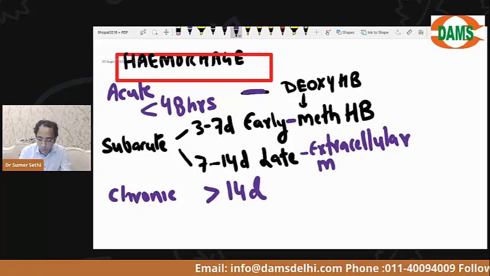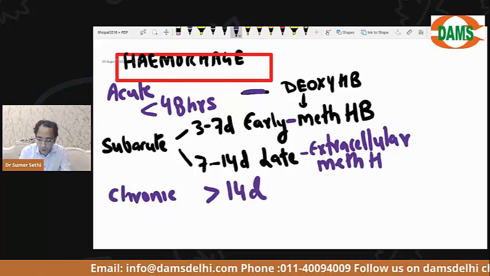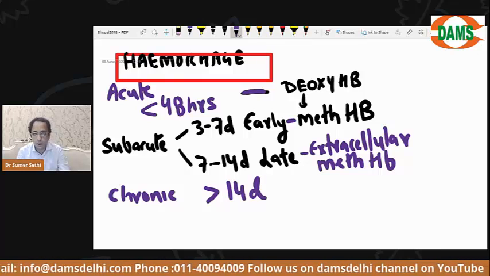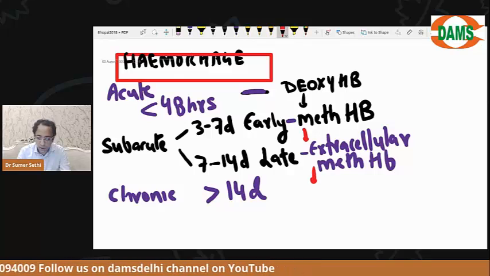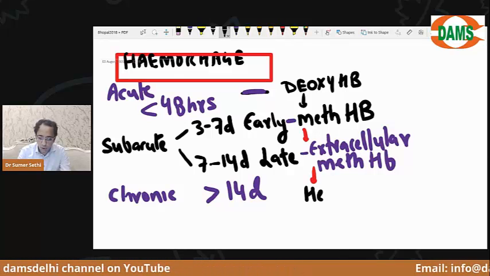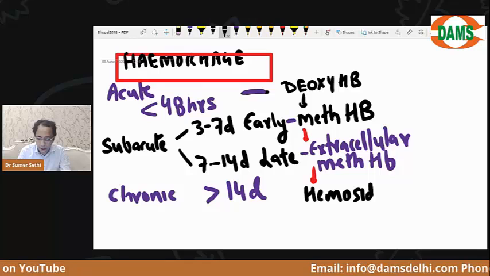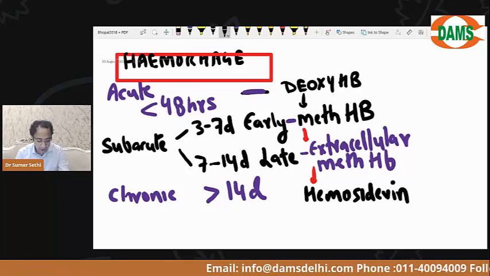Methemoglobin comes out and becomes spread out. It is called extracellular methemoglobin. And after 14 days, it is converted into hemosiderin. This is how a blood clot degrades.